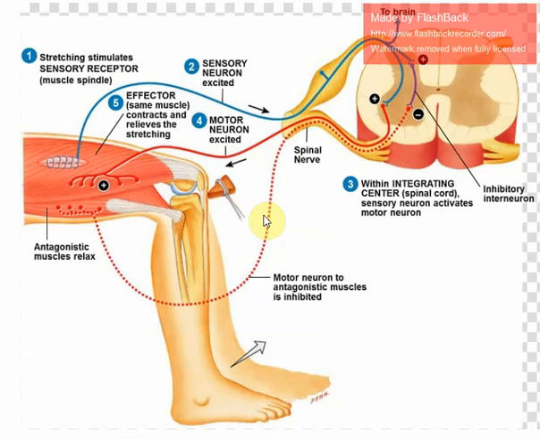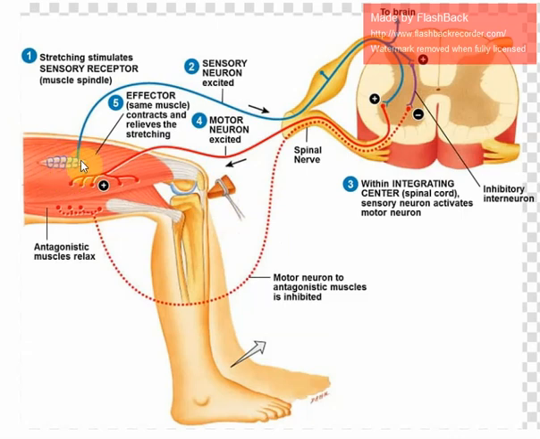So once again, I quickly recap. This is the muscle spindle. Inside the spindle, again we have certain types of nuclear chain and nuclear bag fibers, the extrafusal and the intrafusal fibers.